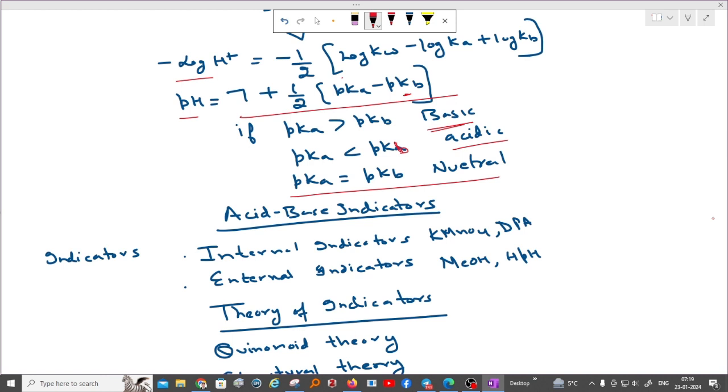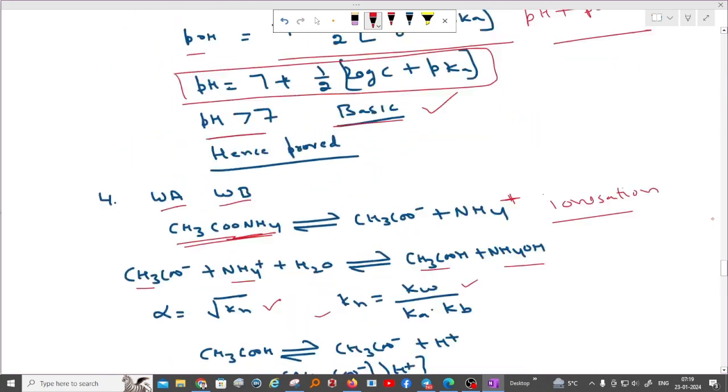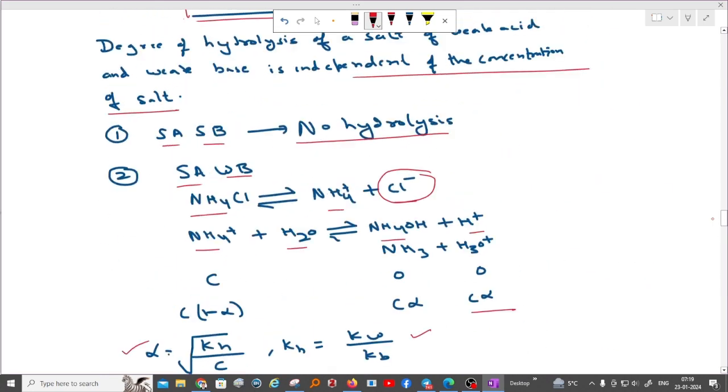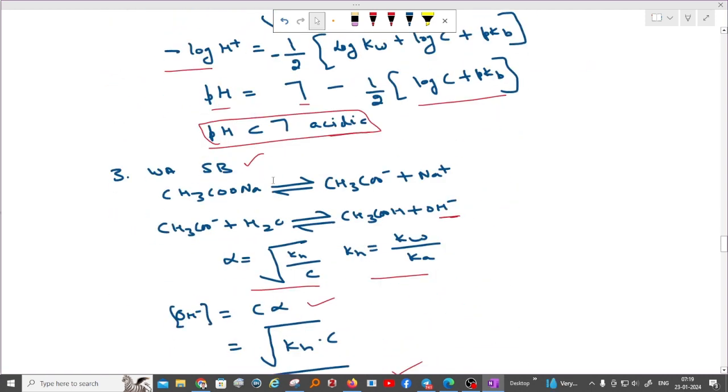So hence we have proved that depending on the types of salt, we can have an acidic, basic or neutral solution. For a salt of strong acid and strong base, no hydrolysis is happening. For a salt made up from strong acid and weak base, the solution in water is acidic.